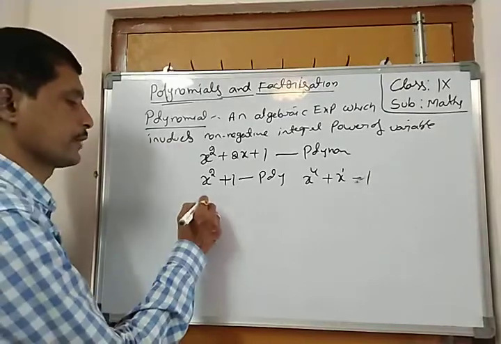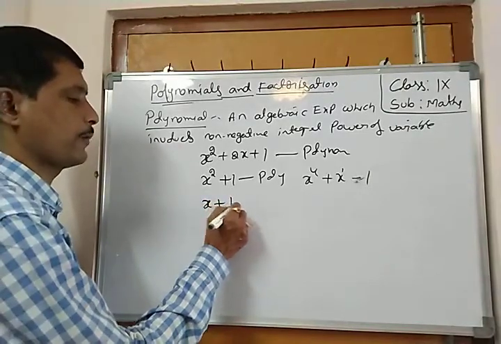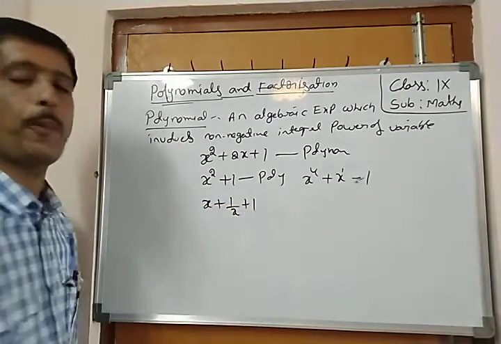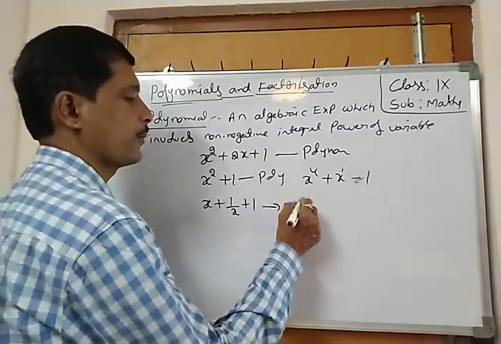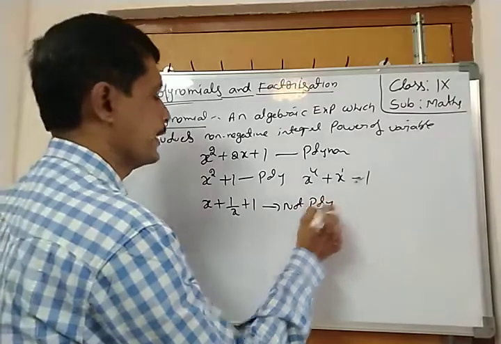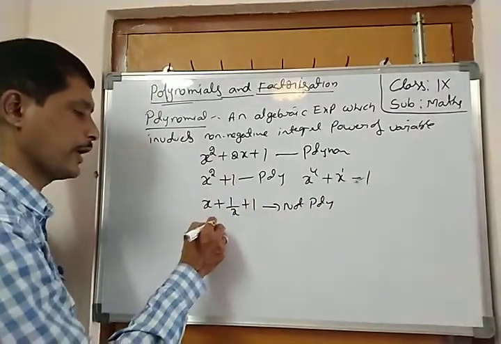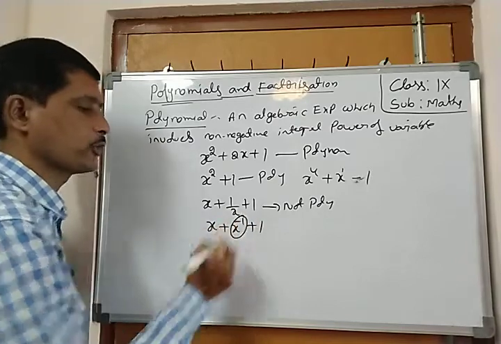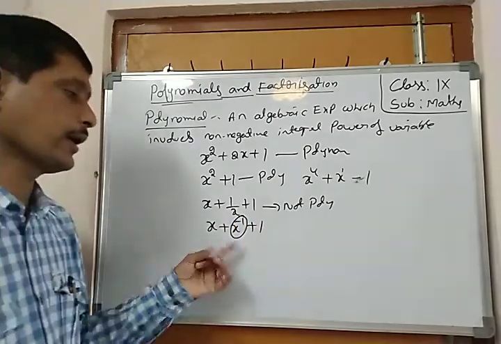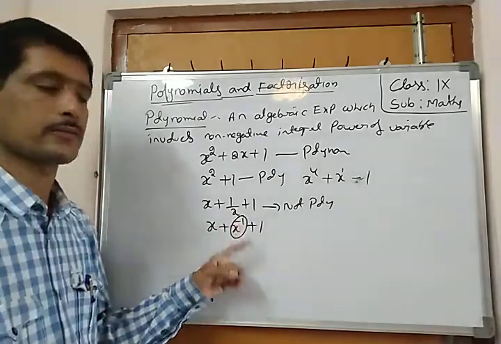Suppose x plus 1 by x plus 1: is it a polynomial or not? It is not a polynomial. Why? Here the denominator changes into the numerator, that is x plus x power minus 1 plus 1. Here the power is a negative exponent.